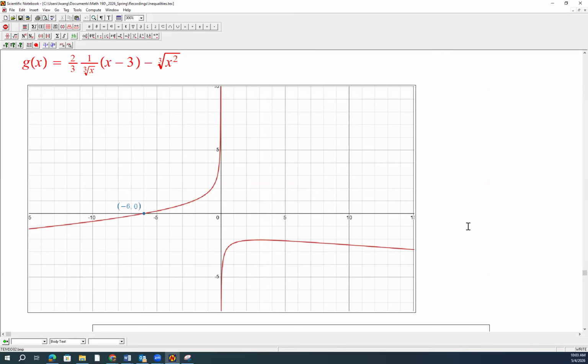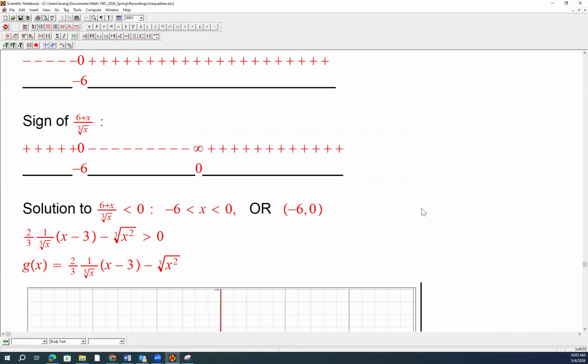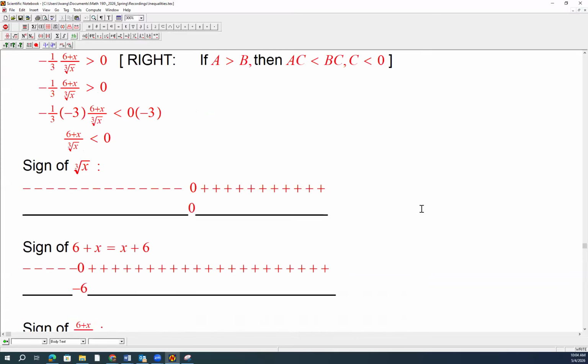Because after all, even though you cannot use a calculator for my quizzes, when you're doing your homework, you can check it. So you understand those steps. All the steps we did are correct.